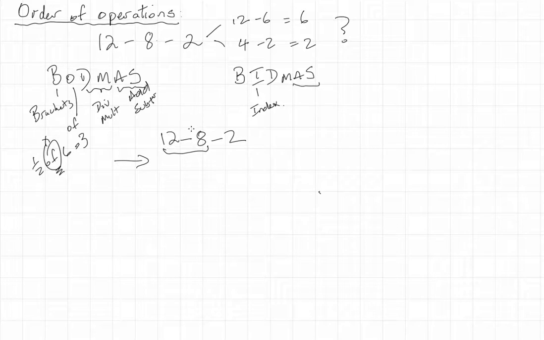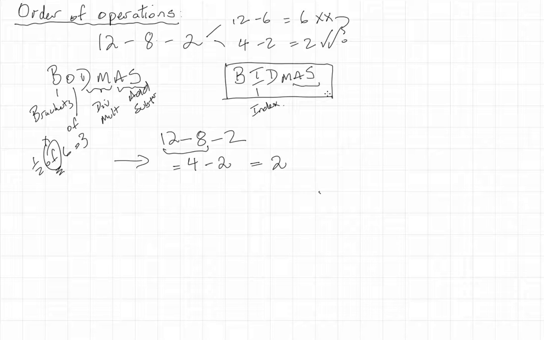So we just work from left to right, and we do this one first. 12 minus 8 is 4. Then we take away our 2, and there is no ambiguity there. We just do 4 minus 2, and the answer is 2. So this one here is correct, and that one there certainly is wrong. So BIDMAS, I think, is the best one to remember the order.